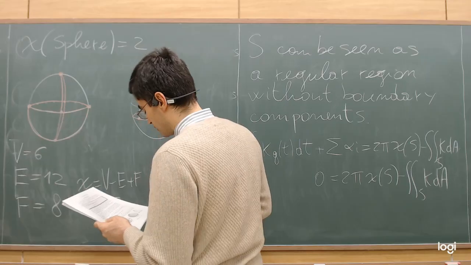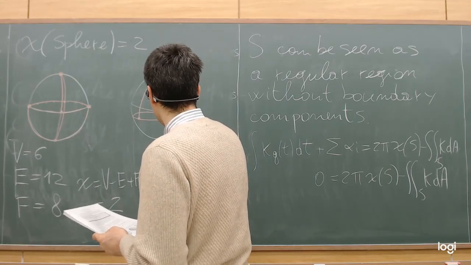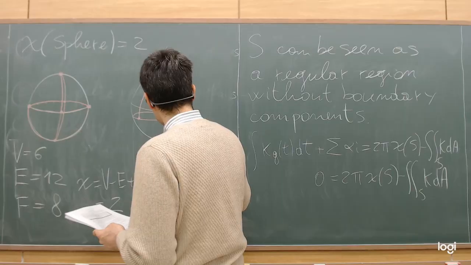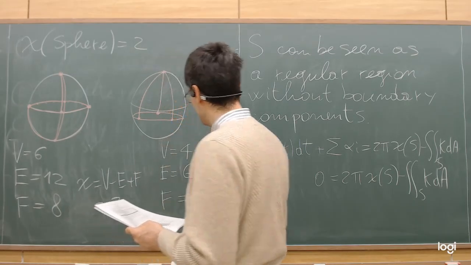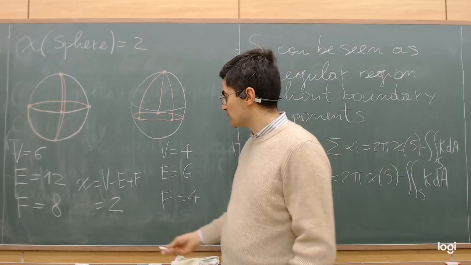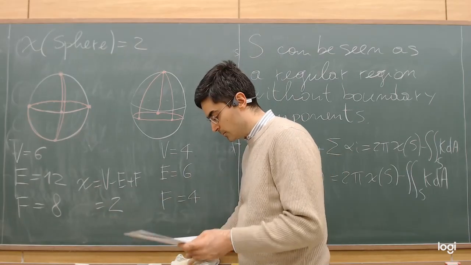Instead, in this case, we have that V is 4, E is 6, and F is 4. This means that you get again chi equal to 2.